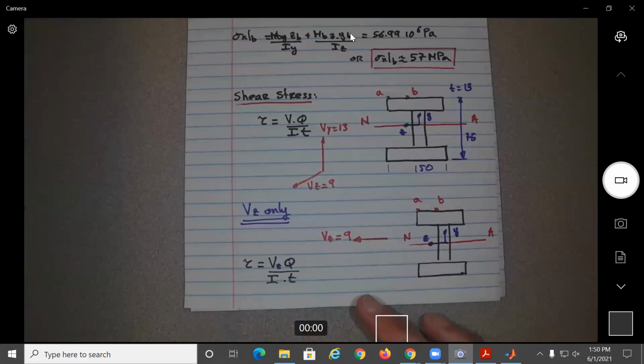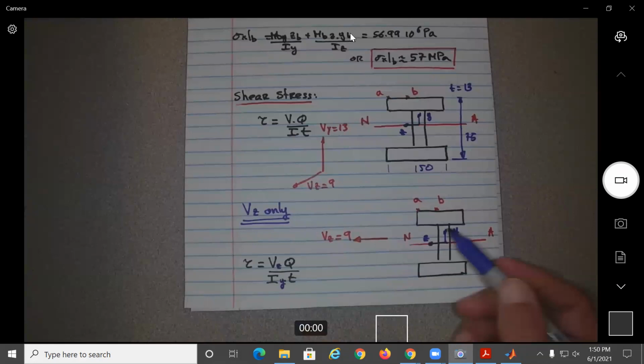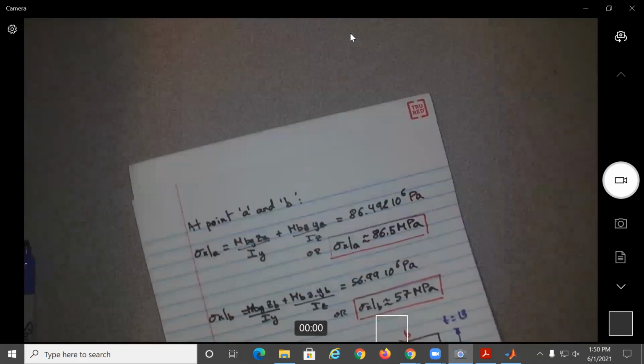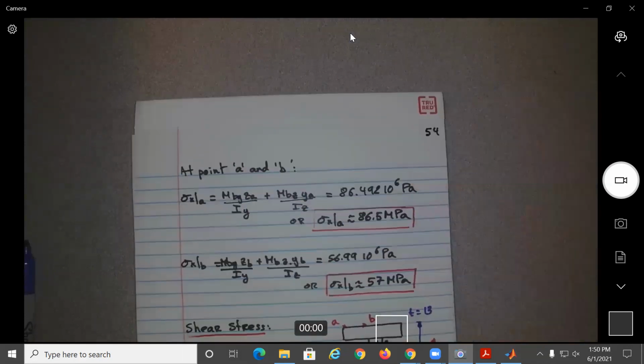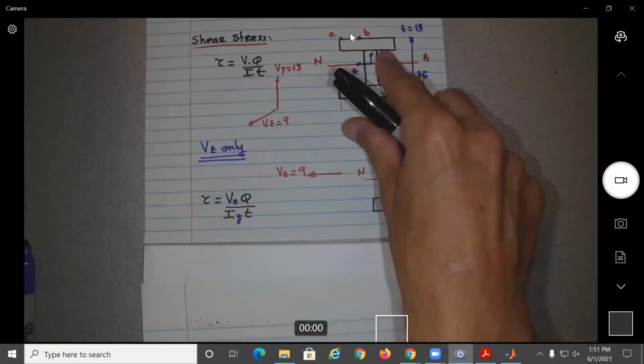We move in that direction. This is crossing the axis of Y, so it should be I of Y. And T will be whatever is the thickness. All right, so keep the figure over here with you. So this is page 54. Okay, so we keep the figure with us.